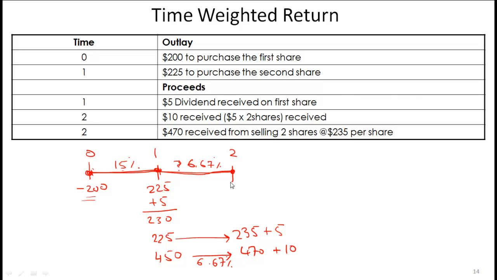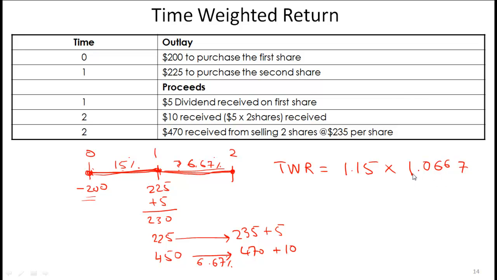And now, how do you annualize your return? Your time-weighted return is going to be the geometric mean of these two returns. So in the first year, you have 1.15. So 15% means that your $1 at the start of year one became 1.15. So multiplied by, over here you grew at 6.67%, so you do times 1.0667.